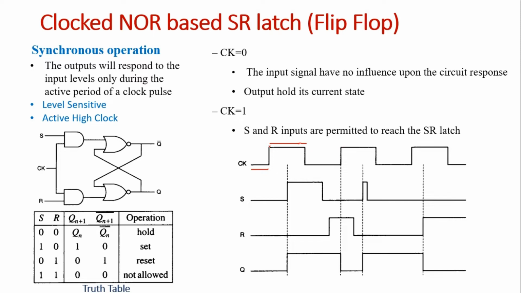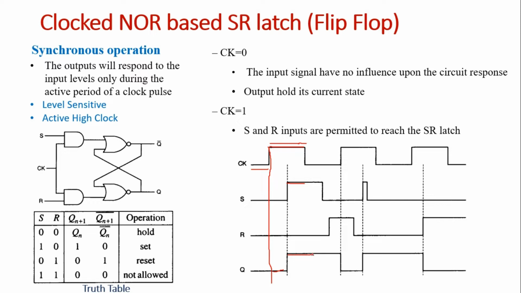But the moment we have an active high clock pulse, if S is 0, R is 0, that means there is no change in the output, so Q will remain 0. But the moment we have S equal to 1, that means we have a set state and the clock is high. So from this state the output will change and it will become high.